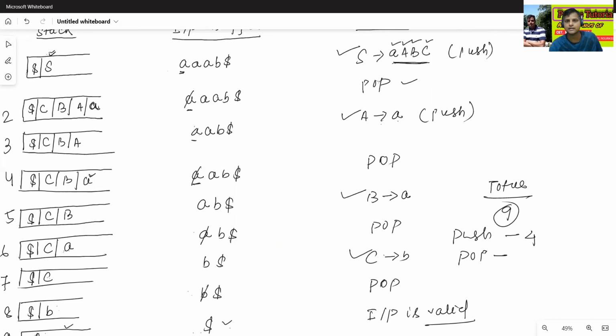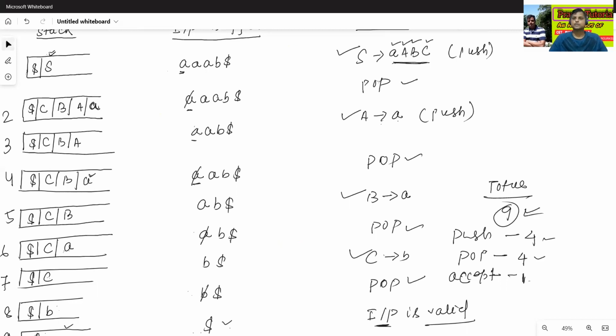Pop action 1, 2, 3, 4. Total pop action is 4. And one action is the accept action. So 4 plus 4 plus 1 means total is 9 actions.